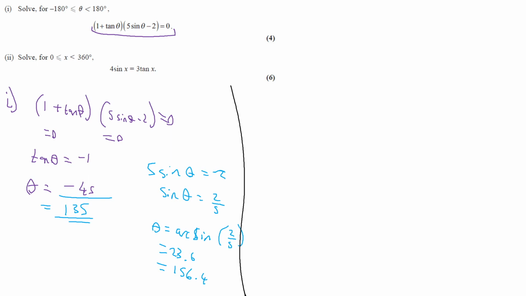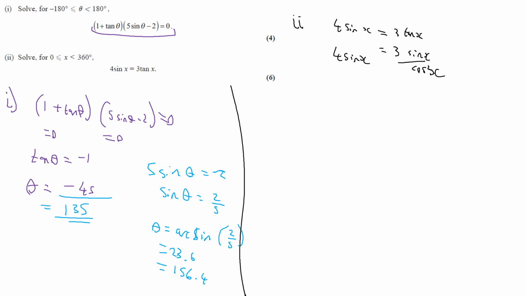For Roman 2, what we're going to do is we got 4 sine x is equal to 3 tan x. The first thing we can do is put one in terms of the other. First thing is we can put tan as sine x over cos x, so 3 times sine x over cos x is equal to 4 sine x.